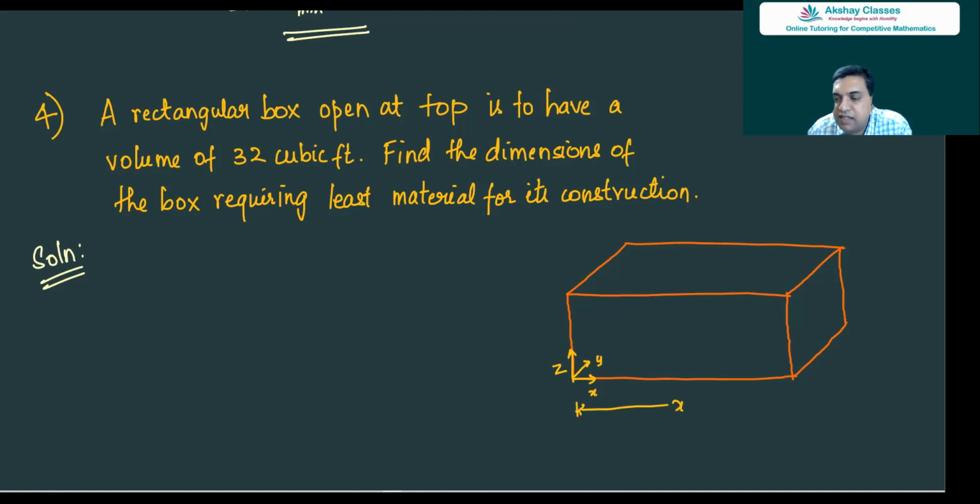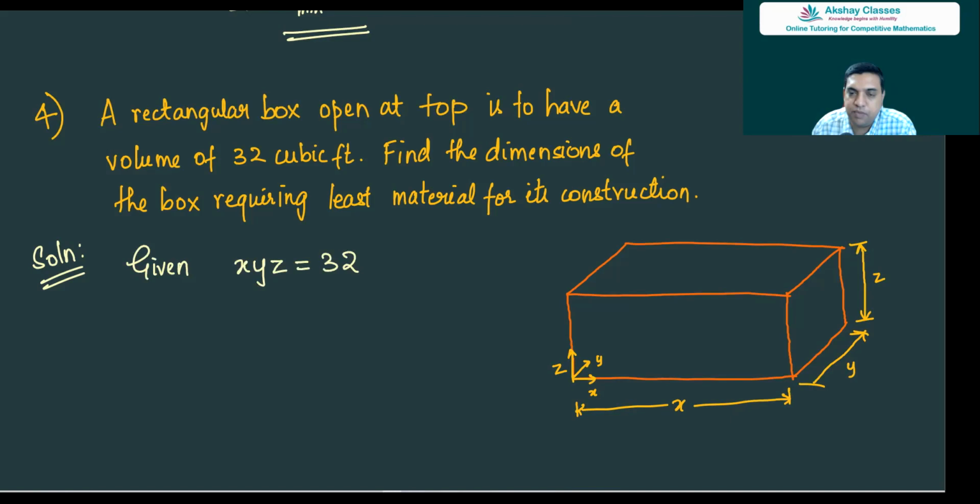Now this length is X, this length is Y, and this length is Z. Now, what is the given condition? Given is that X into Y into Z is 32 cubic feet.